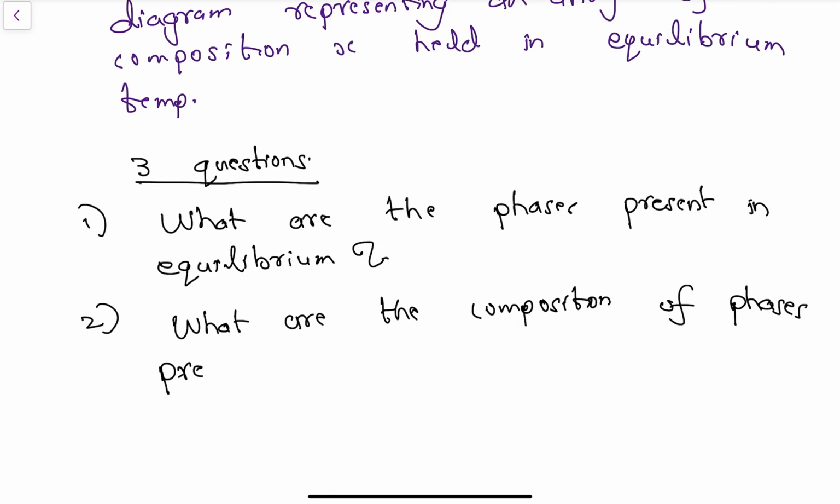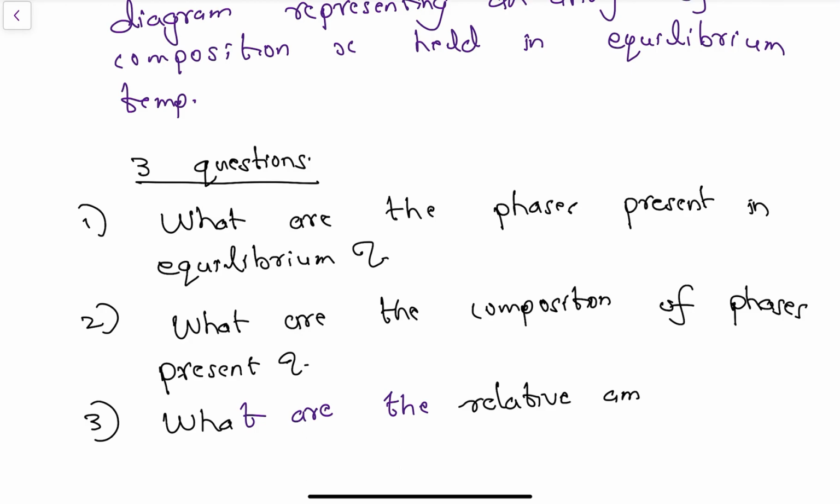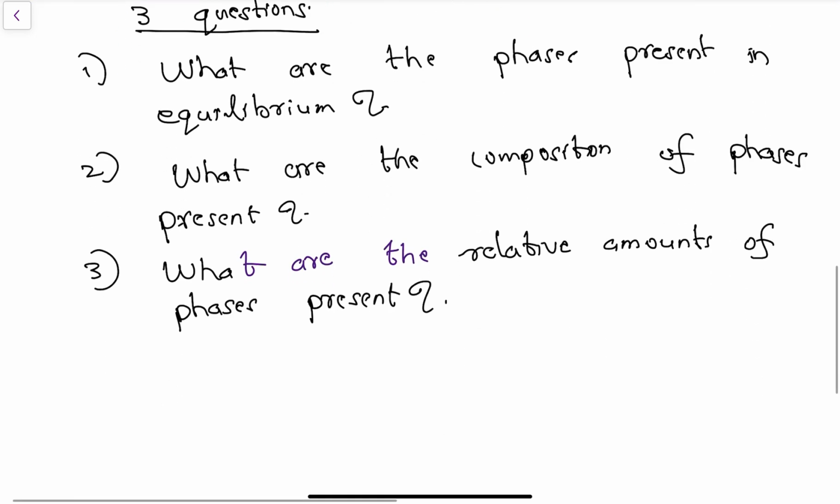The third question is, what are the relative amounts of the phases present? We will look at these in a subsequent lecture. So mainly we should be able to answer these three questions from the phase diagram.